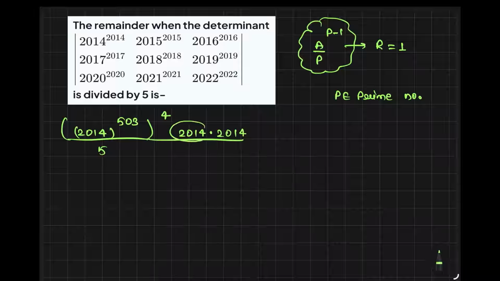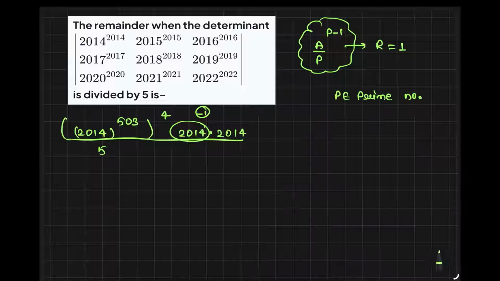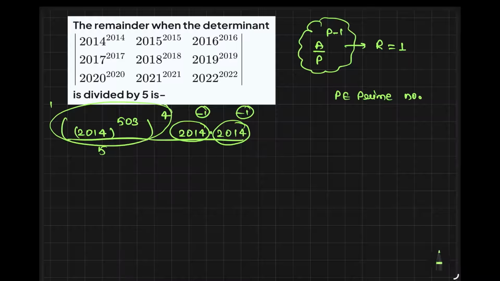Now if you divide this part by 5, you know it will give remainder 1. Now if you divide the other part by 5, you will have remainder minus 1. You can go with simple division, either 4 or minus 1. Here also you will get minus 1, and in this part you are getting 1. So 1 into minus 1 is minus 1, so the remainder here is 4, which is the same as minus 1. So you got remainder as 4.